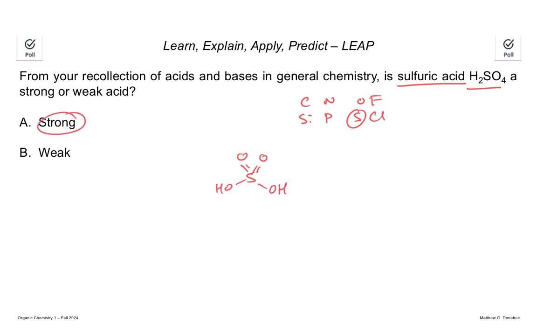So sulfuric acid is a strong acid. There's the structure. And when we talk about acidity, sulfuric acid is diprotic or diacidic because there's 2 H's that can be removed. So if you remember down into the nitty-gritty of doing acid-base titrations, remember what those curves look like?